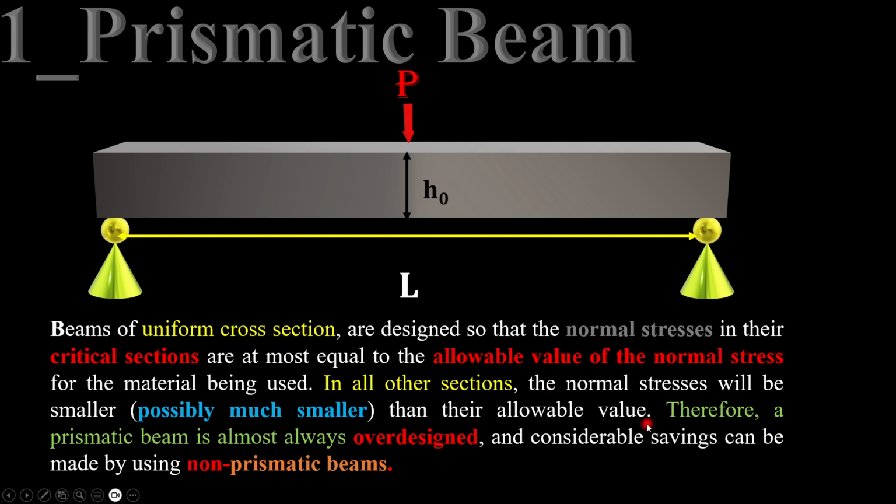In all other sections, the normal stresses remain below, and mainly much below, the allowable stress. That's why most prismatic beams are kind of over designed, and that's why we need to cut or trim the beam in some parts and cut off the materials. So that's a way of saving money and materials by moving to non-prismatic beams.